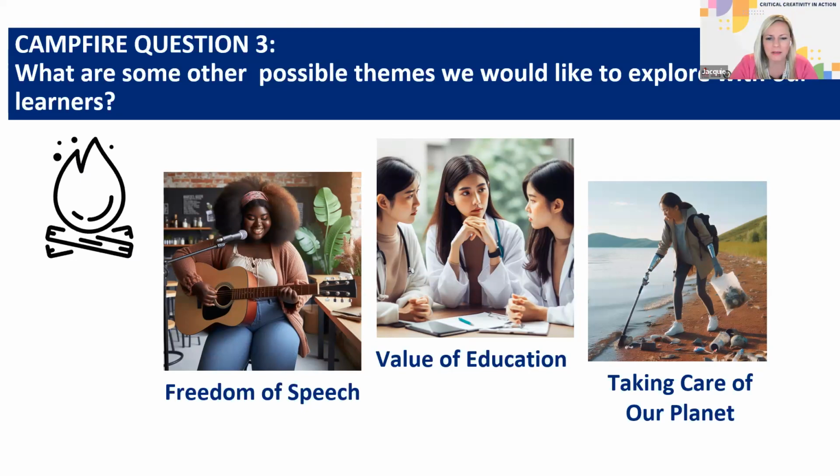Let's see. And we've got disaster resiliency and human rights. I like both of those. Disaster resiliency goes along with the taking care of our planet. It's becoming more and more important. But it's not one that we think of right away. And I really like that because we could be thinking in terms of natural disaster, but we could also be thinking about personal disasters.